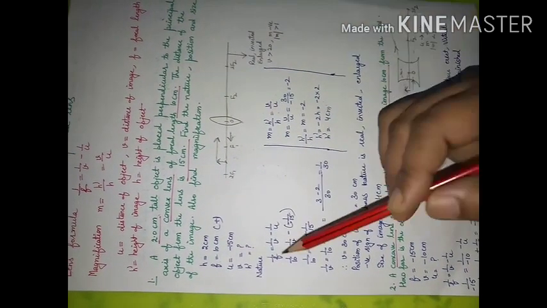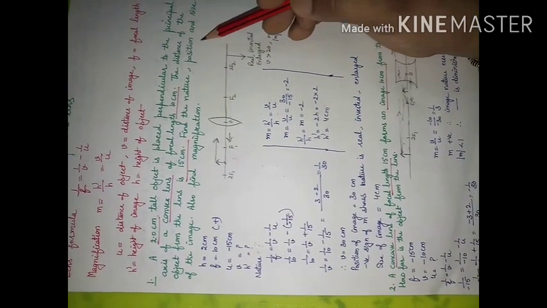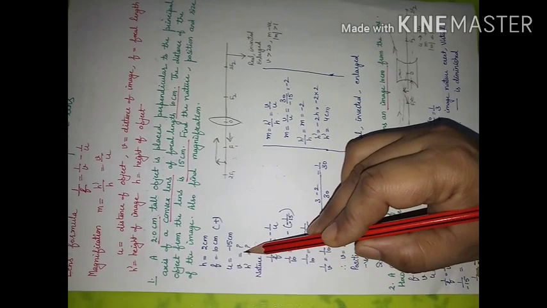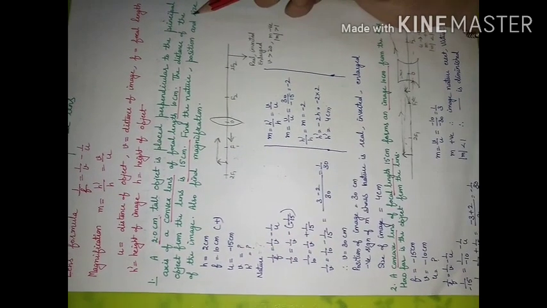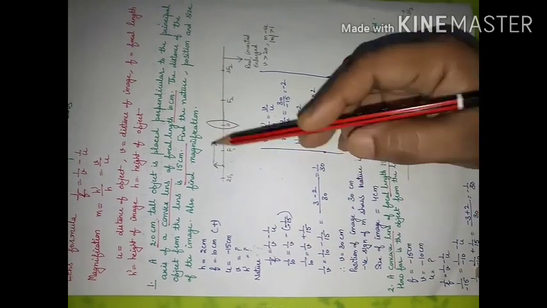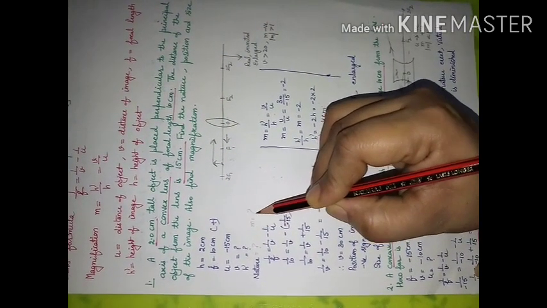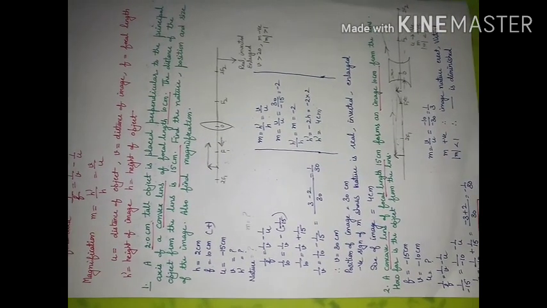Nature is asked. So nature, question mark. Position means v, distance of image, question mark, and size is asked, means h dash, size of image, question mark, and magnification m. For magnification also we have a question mark.